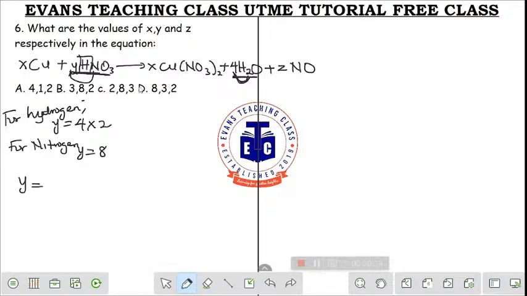Nitrogen owns this y. It also owns this 2, so it will be 2x. I think you get what I'm doing. Do you get 2x? 2 times nitrogen times x also, so it will be 2x. You don't need to put nitrogen here again because we are talking of nitrogen. So 2x plus nitrogen is here also, so that is z. So that's for nitrogen. Now we already know what y is, so it is 8. So that is 2x plus y. So that's our equation 1.